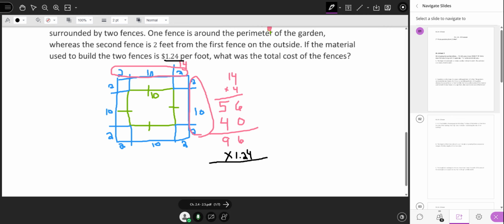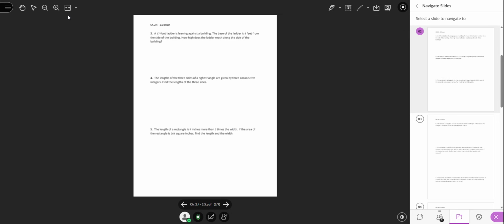So when I multiply that with my handy dandy Mr. Goodbuddy calculator, I get $119.04. Number next.